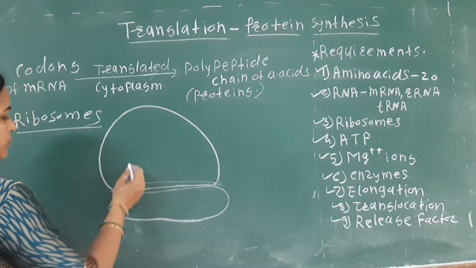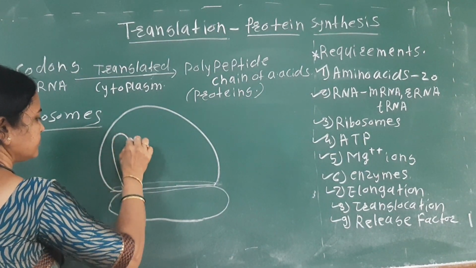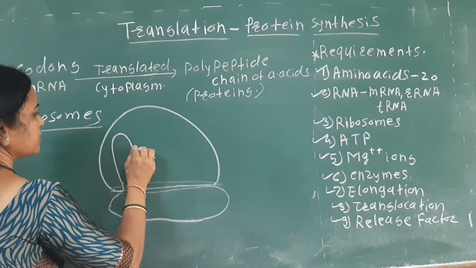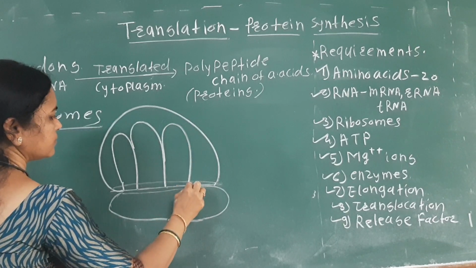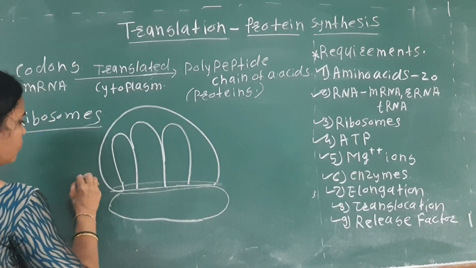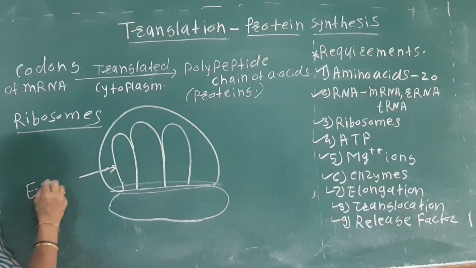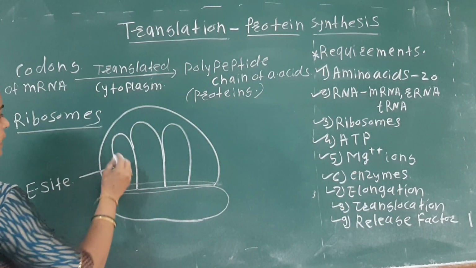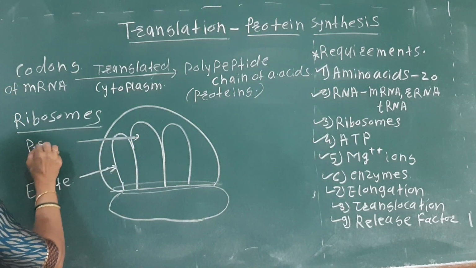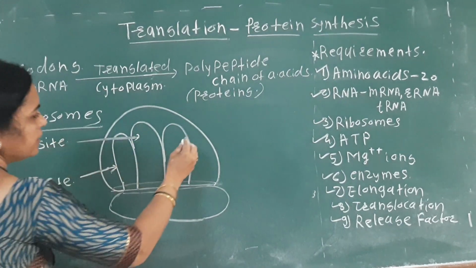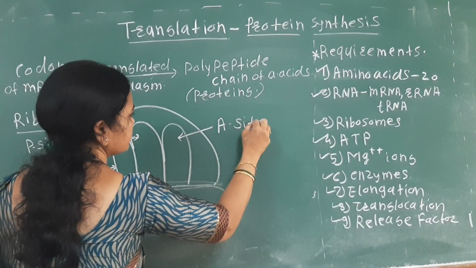The larger subunit mainly shows three sites like this. One is the E site, then this is the P site, and this is the A site.